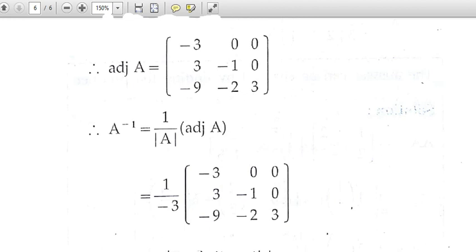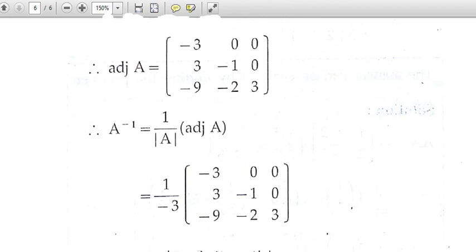In the exam, the question will be asked for 2 marks or 3 marks depending on the order of the given matrix, which will be either 2 by 2 or 3 by 3. This is an easy method to find the inverse, but it will take more time compared to finding the inverse by using the transformation method.